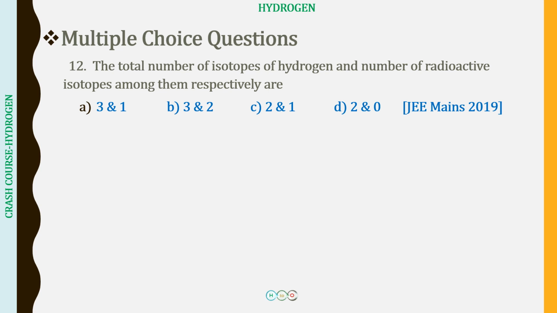If you've done that, you cannot miss attempting and getting this question correct. The number of isotopes of hydrogen, as we just discussed, is three: protium, deuterium and tritium, and out of these only one isotope is radioactive, and that is tritium. So the correct option is A: three isotopes of hydrogen, and one of them is radioactive, that is tritium.